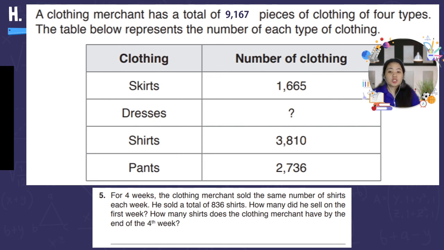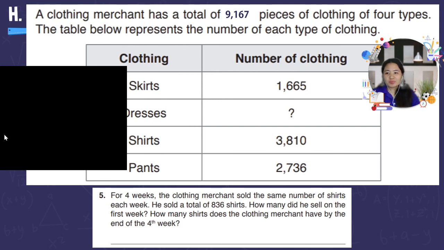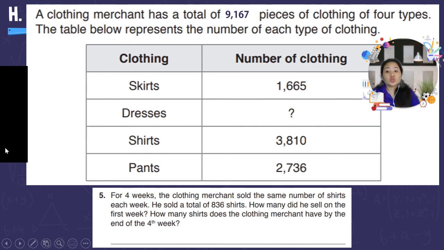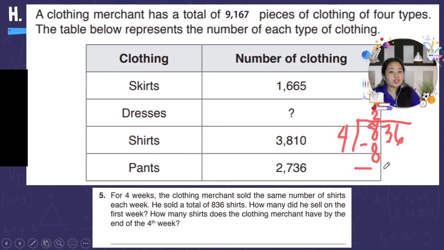So each week, 836. Okay, so let's solve. For the 4 weeks, you have to divide by 4 because the same number of shirts was sold. So 836 divided by 4. There are 2 questions in number 5, so we have to answer the first one. This will become 2. Then 2 times 4 is 8. 8 minus 8 is 0.